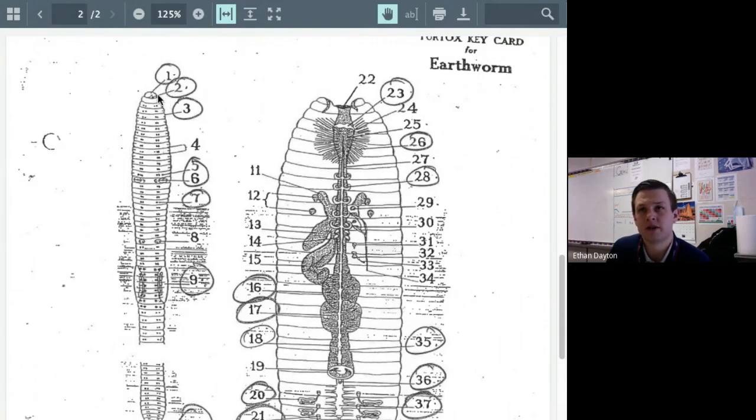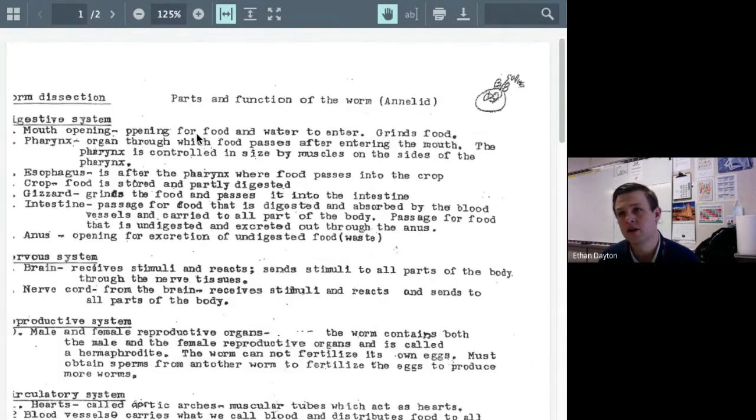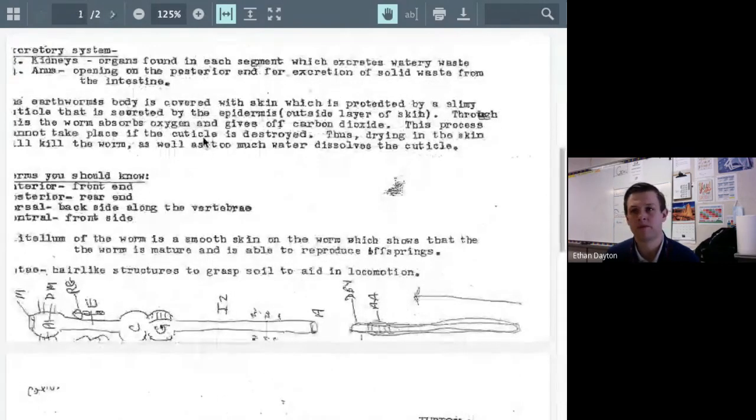It is the first segment of the worm. Number 1, the first segment of the worm kind of serves as an upper lip. Anybody know what this is called? And again, you can look at your notes if you need to. What is that, number 1?